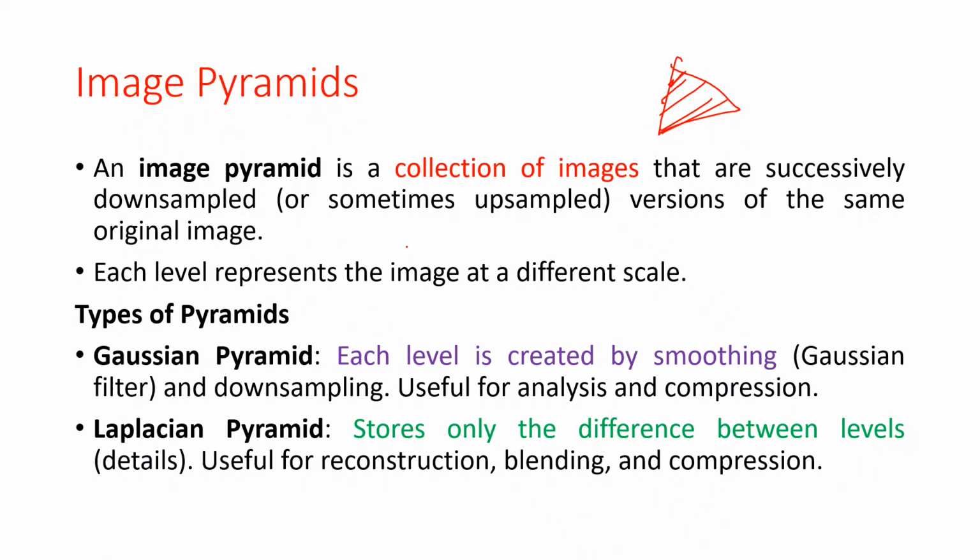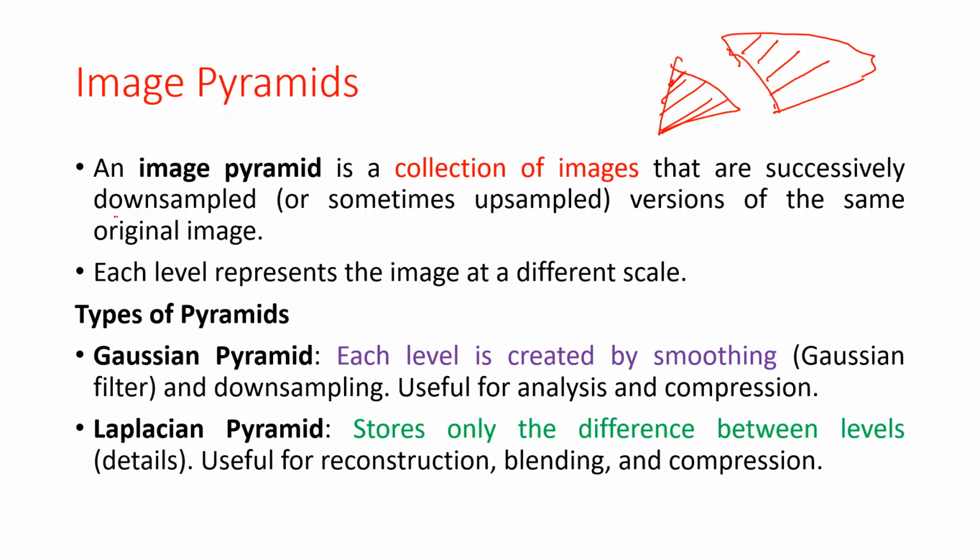How is this collection of images formed? A single image is reduced in size, reduced in size, reduced in size, and finally it forms a triangle shape, that is a pyramid. So we have to decrease the size of the original image in order to get a pyramid. And if you want to reconstruct the original image, I will perform upsampling.